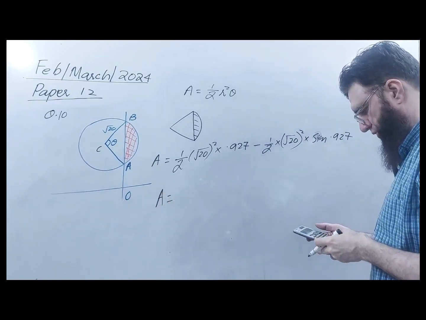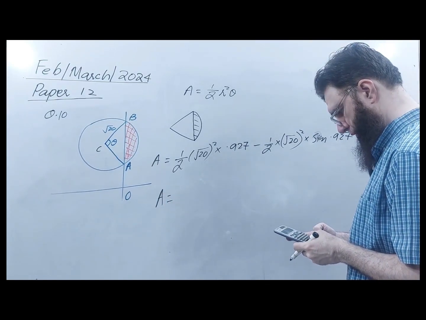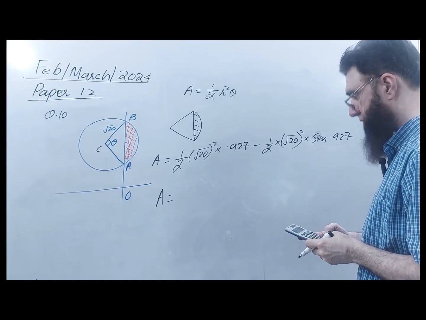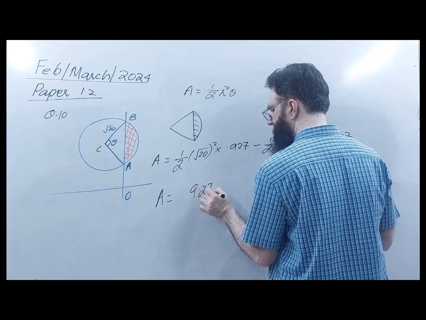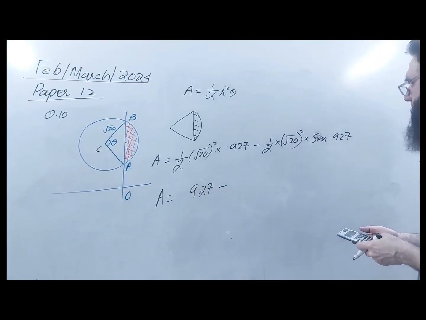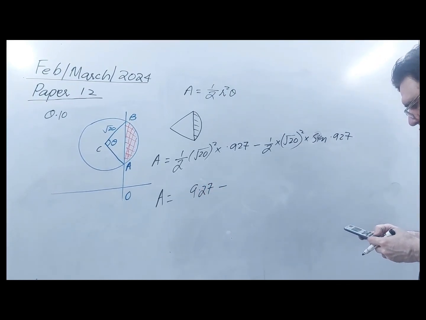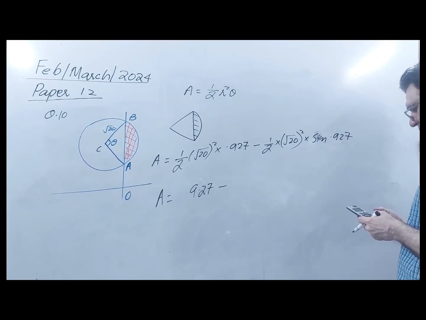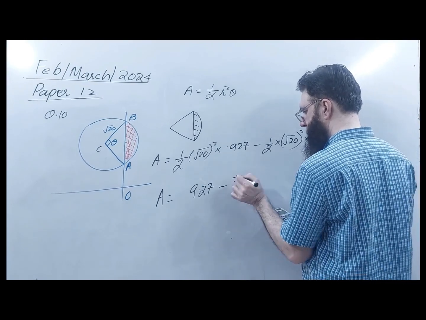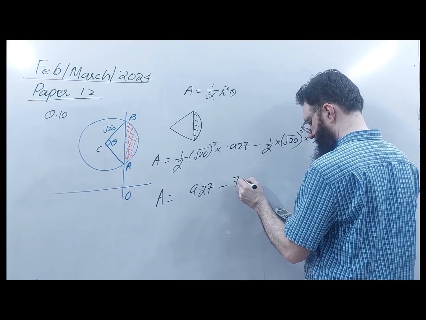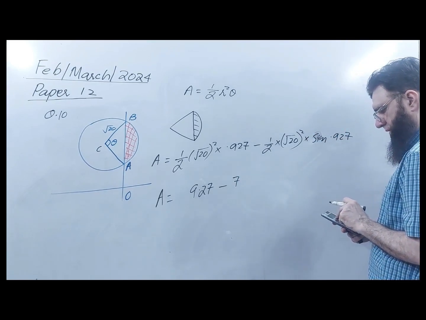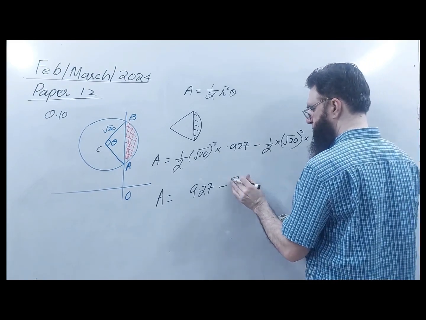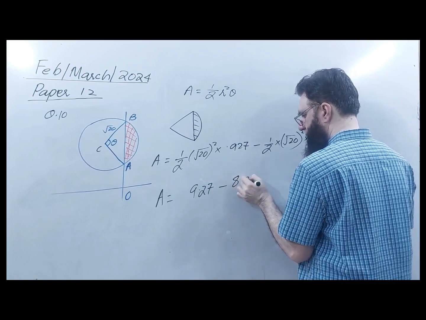You do the simplification, 10 into 0.927 gives me 9.27. This is 10 into sine 0.927. This gives me 7.998, so about 8.00.